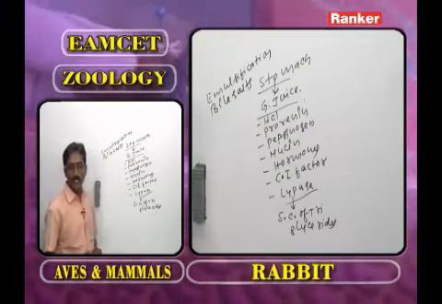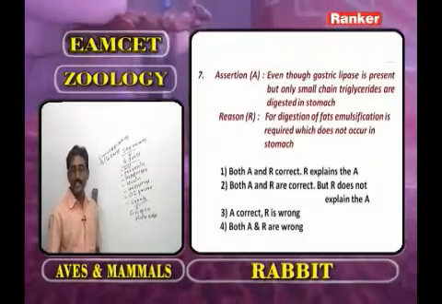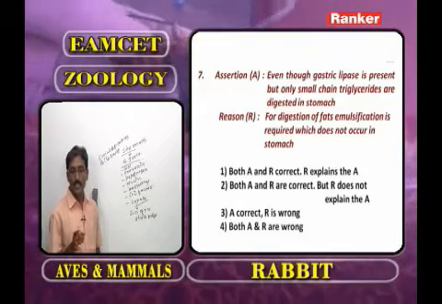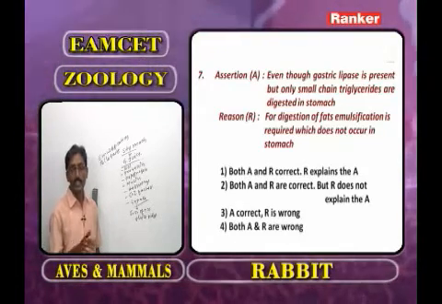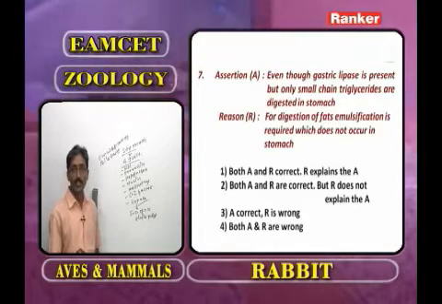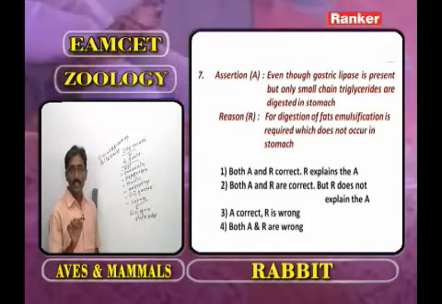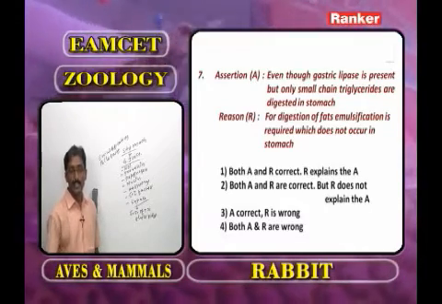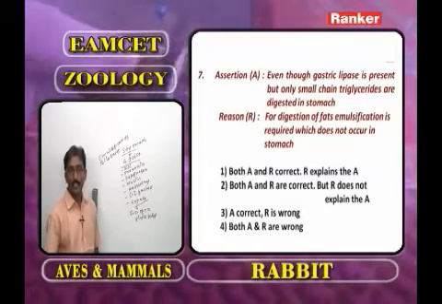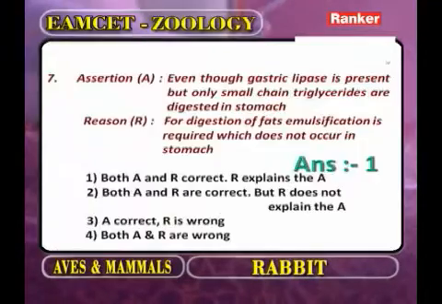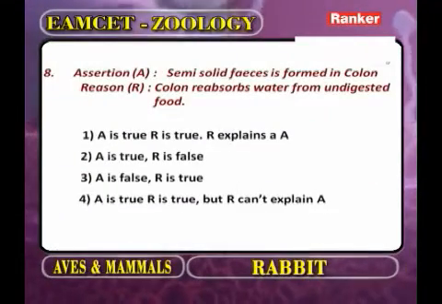So you observe the reason. For the digestion of fats, emulsification is required, which does not occur in the stomach. So in the gastric juice, the lipase digests only small chain triglycerides. So both are correct, and R explains A. Now we go for the next question. Assertion.